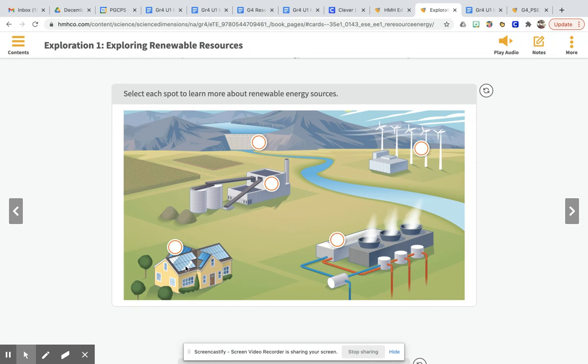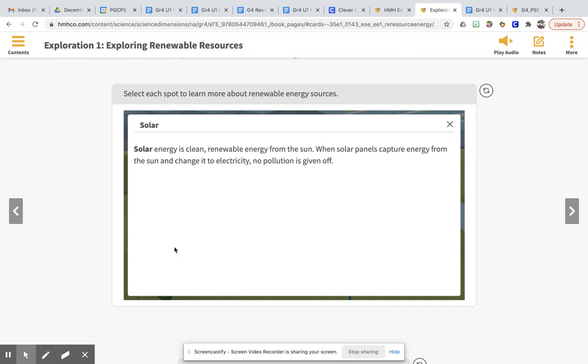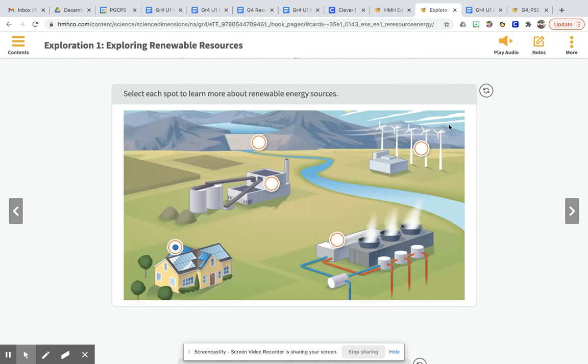All right, now I talked about these yesterday when we were looking at the cars. Everybody take a look at the top of that house. Those are those solar panels I was discussing. And so our next type of energy is solar. Solar energy is clean. It's renewable energy from the sun. When solar panels capture energy from the sun and change it to electricity, no pollution is given off.